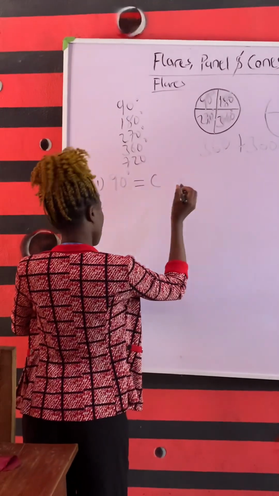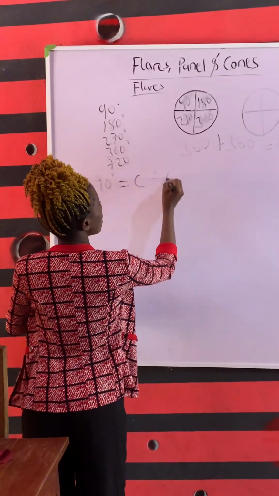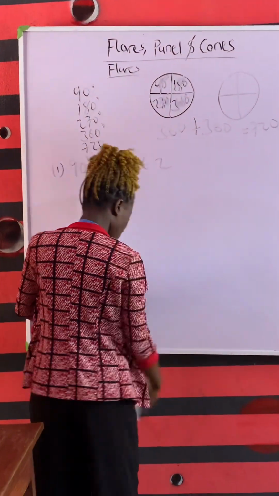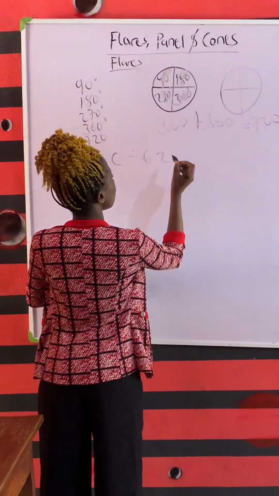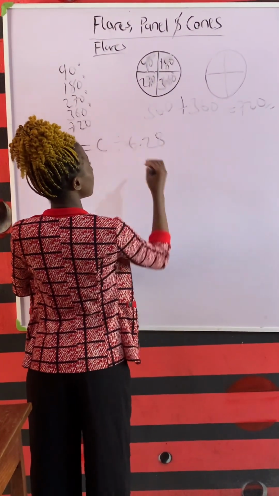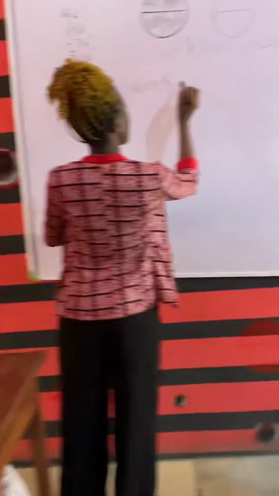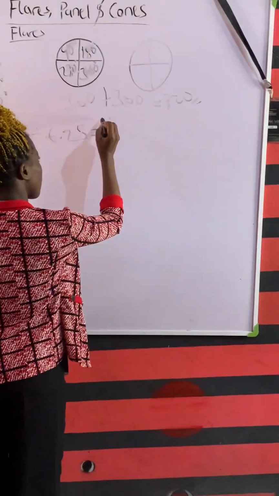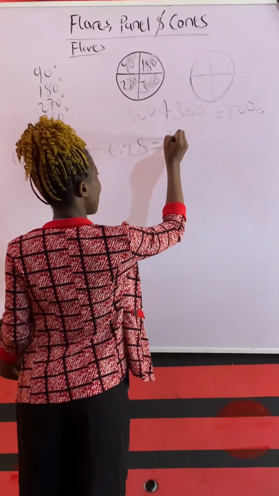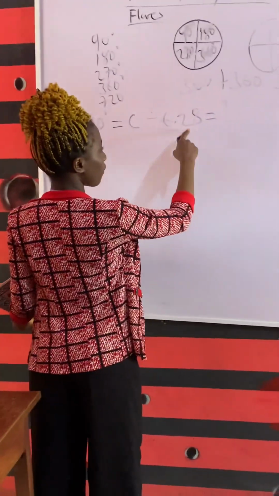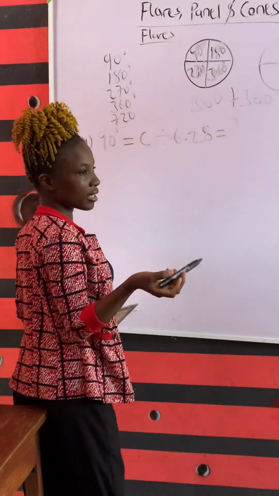circumference divided by 6.28. We have been using this. Now circumference divided by 6.28, that is, for example, our circumference might be 20.